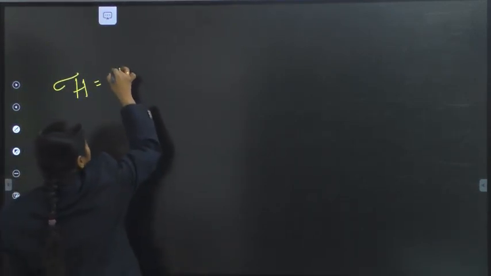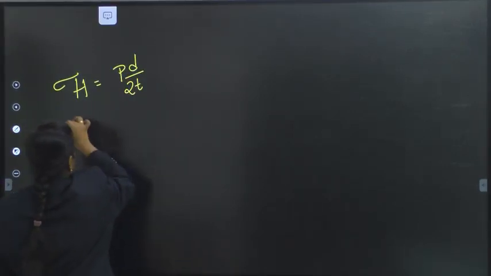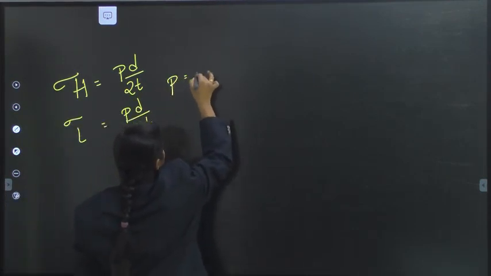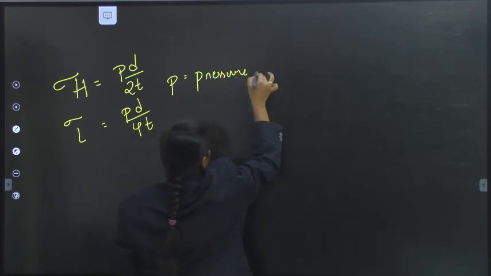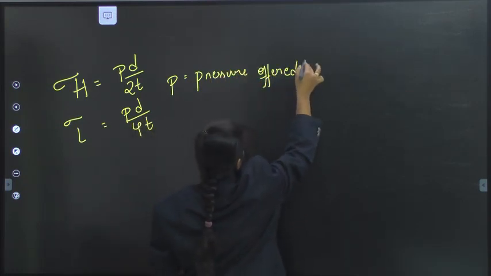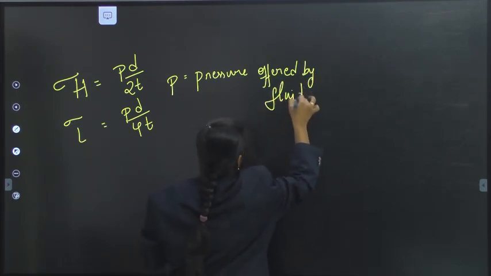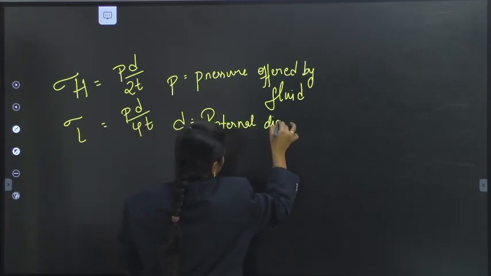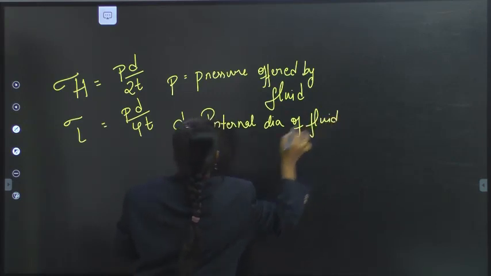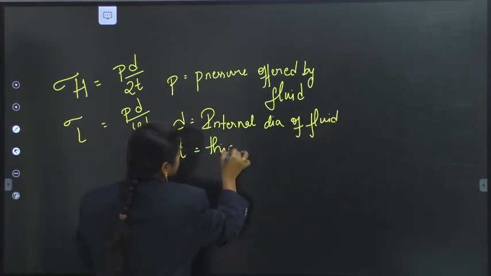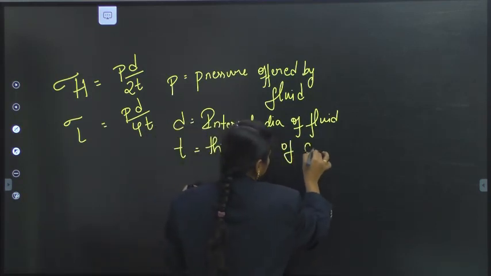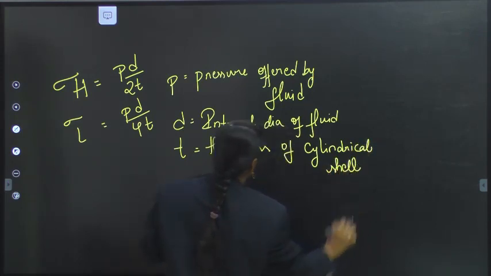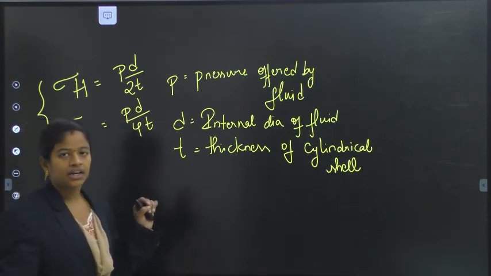Sigma H is equal to PD divided by 2T, and sigma L is equal to PD divided by 4T, and P is the pressure offered by the fluid, D is the internal diameter of the fluid, and T is the thickness of the thin cylindrical shell. Right? So this is hoop stress and longitudinal stress.